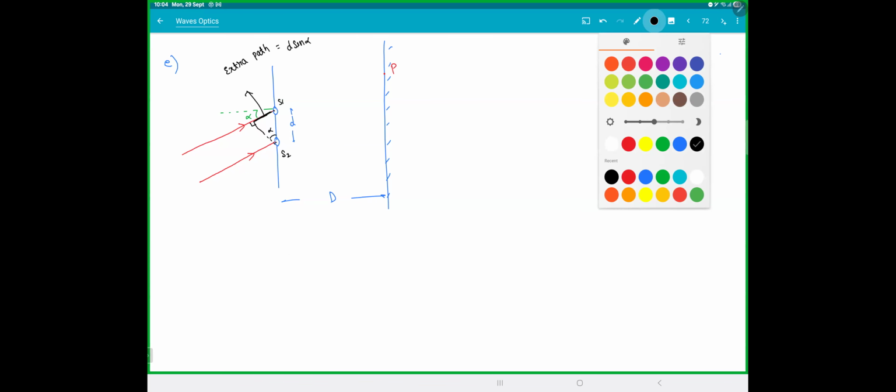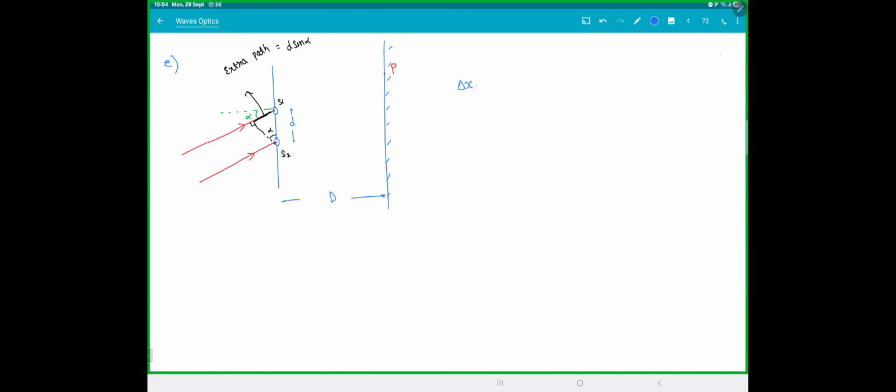Now when you write the path difference, the light rays coming to S1 have already traveled a little more. So this is S2P minus S1P, but S1P already traveled an extra distance d sine alpha. Make sense? That's how you find your path difference. Previously, the light rays to S1 and S2 were equal because they were parallel. Now they're not anymore. So this is S2P minus S1P minus d sine alpha, and this is nothing but dy by capital D. And what do you want?